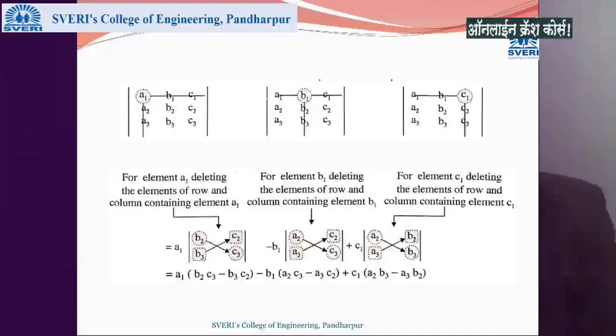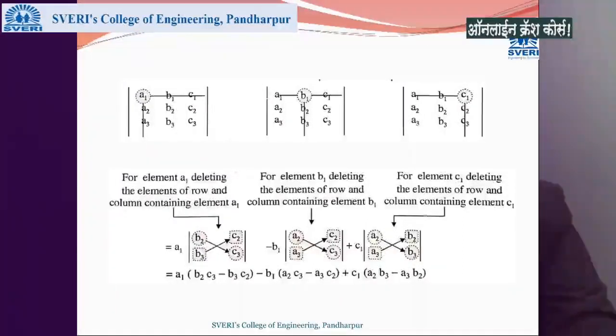Now the next term is b1. Again we eliminate the terms below b1 and to its left and right, meaning we neglect a1 and c1. So we get the minor of b1 with the elements a2, c2, a3, c3, plus the last element c1. Now again we delete the elements before c1, so a1, b1, and below c1, c2, c3.